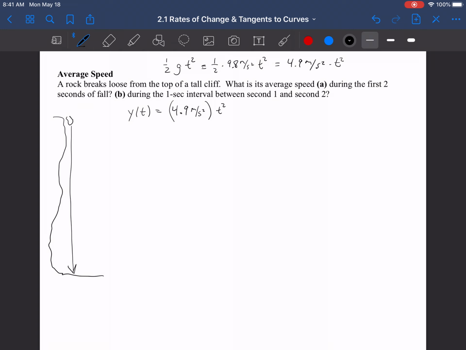Okay, so in part A, we're going with SI units here. Delta y over delta t is equal to y2 minus y1 over t2 minus t1. Change in position over change in time. So that's what that one's going to look like. Well, our positions are going to come from this equation right up here.